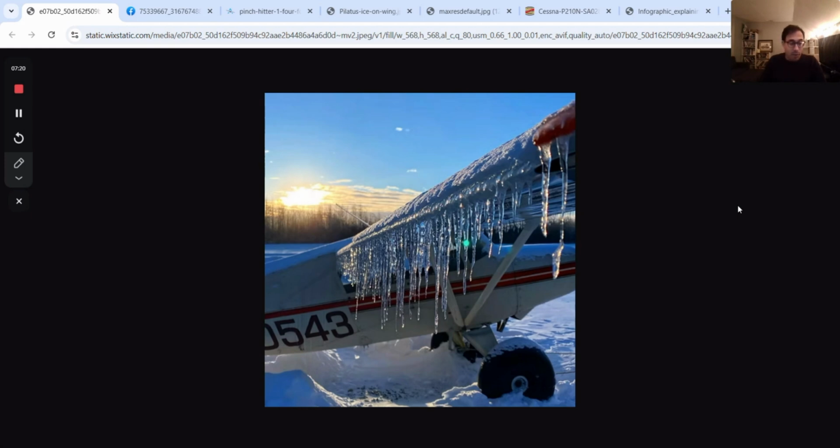You'll also see it starting to form on the wings. The outside air temperature probe is another spot you'll see it. And then on the outer edges of the windscreen and the windows. So those are all the places you can look if you start to suspect icing.